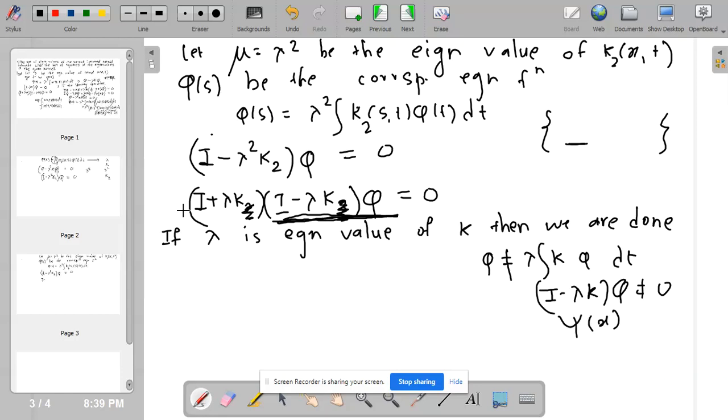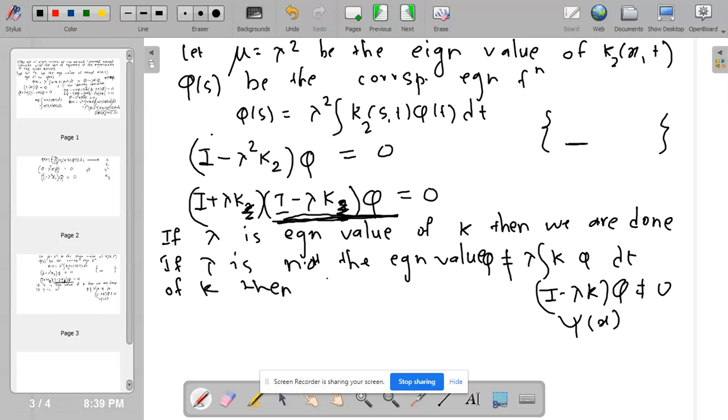So if lambda is not the eigenvalue of k, then (I minus lambda k) of phi, let us call it some xi of x, is a non-zero function because this is not equal to 0, so it is not identically 0. Xi of x is some non-zero function.